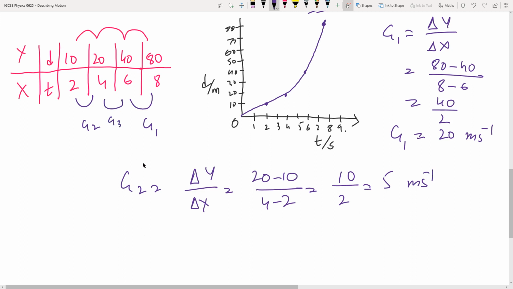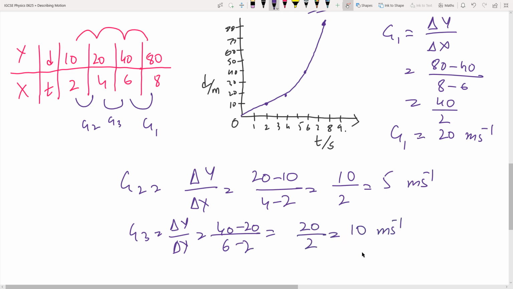G3 is again delta y by delta x, which is 40 minus 20 divided by 6 minus 2. So this is 20 divided by 4, and that is 5 meters per second.